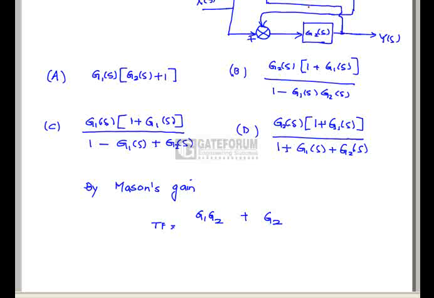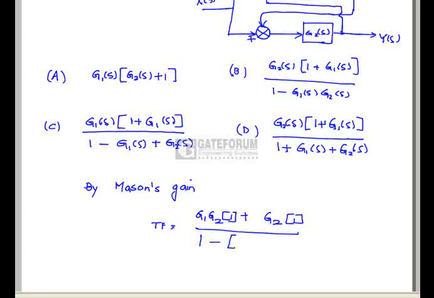If we remove the forward path, there are no individual loops as well as no two non-touching loops. Hence delta equals 1. In the second case too, delta equals 1.